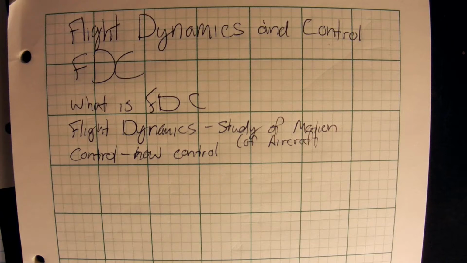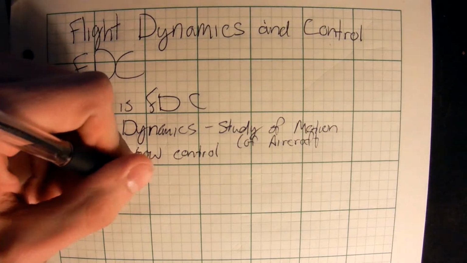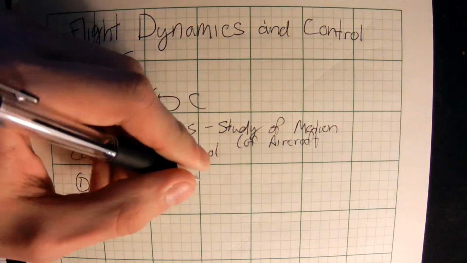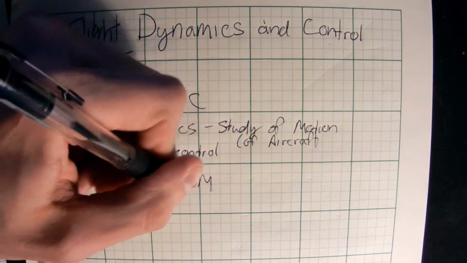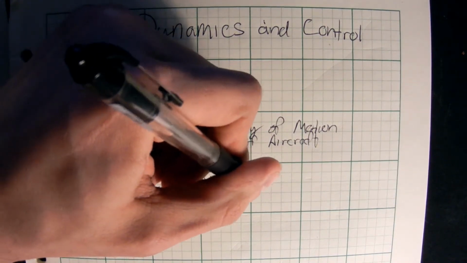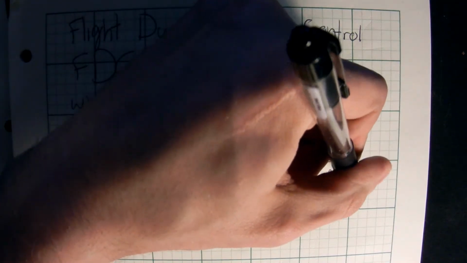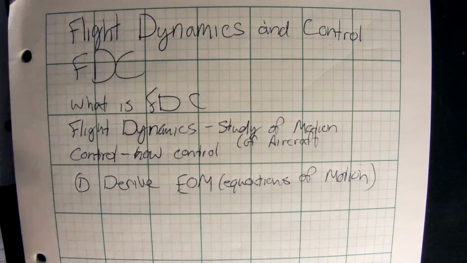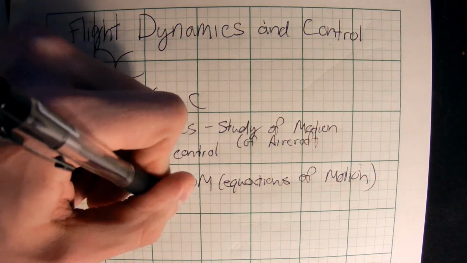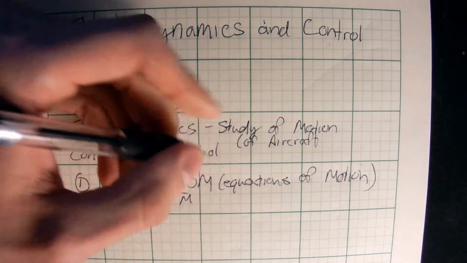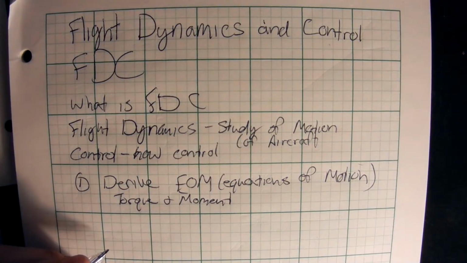What will we be doing in the class? Well, first of all, we're going to derive the equations of motion, EOM for short. These include the torques and the moments, which are the same thing, and the forces on the aircraft, and then we will solve them.